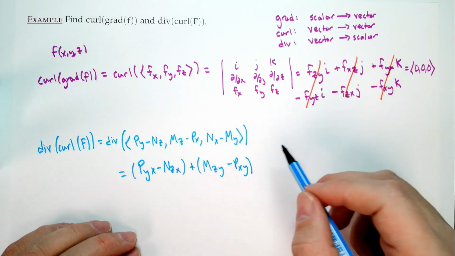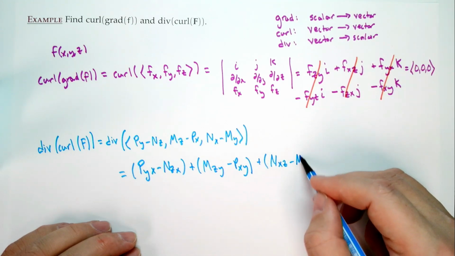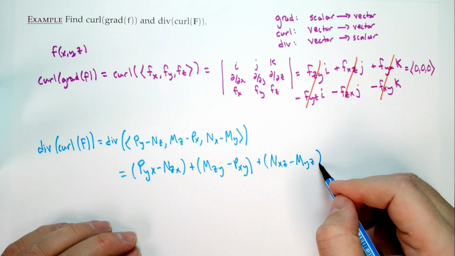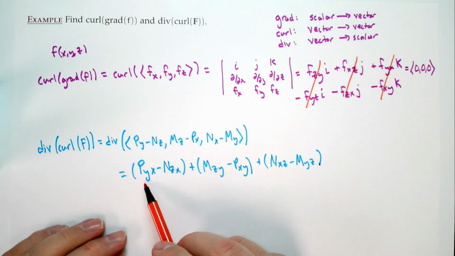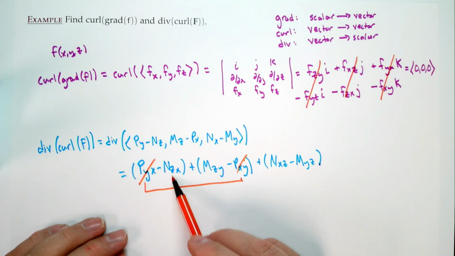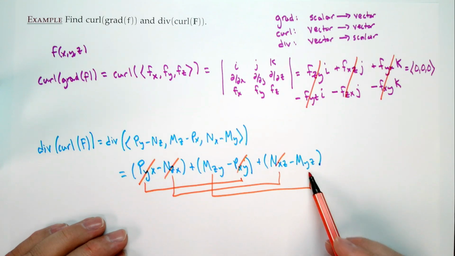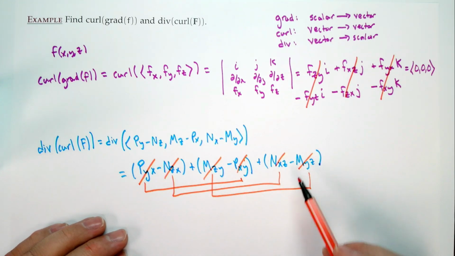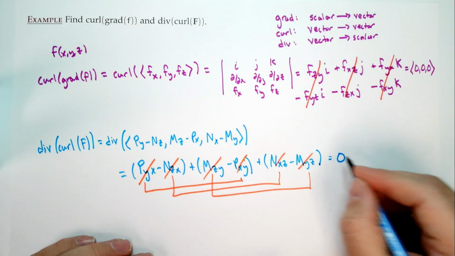Take the derivative of the last entry with respect to z: n sub xz minus m sub yz. Now, it's a lot to hope for, but maybe p sub yx minus p sub xy cancel. n sub zx and n sub xz cancel. m sub zy and m sub yz cancel. And so what we're left with is 0 again.